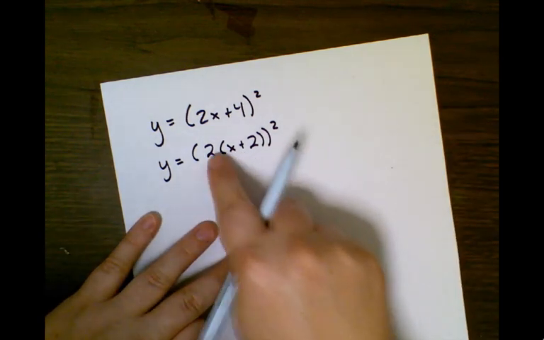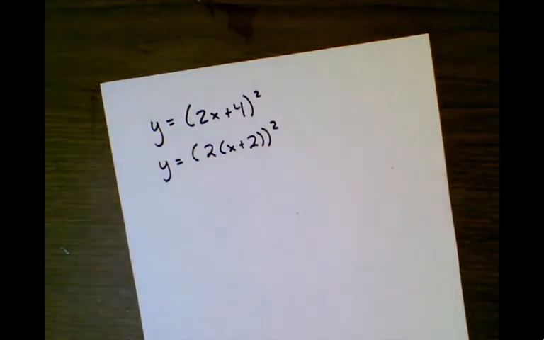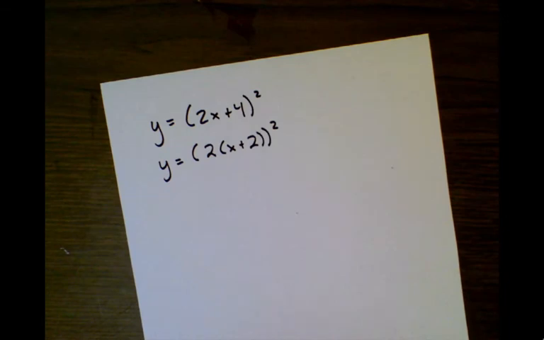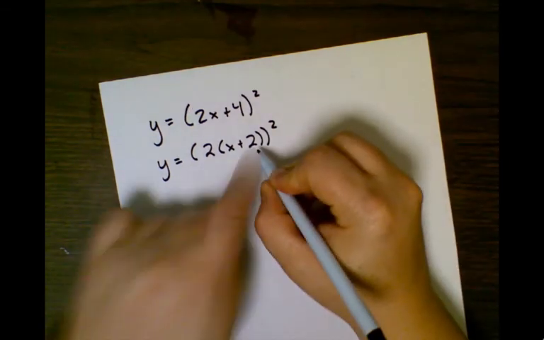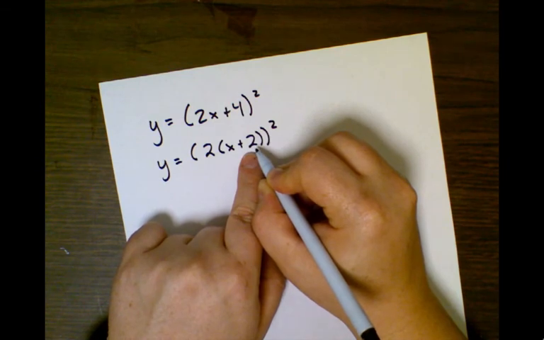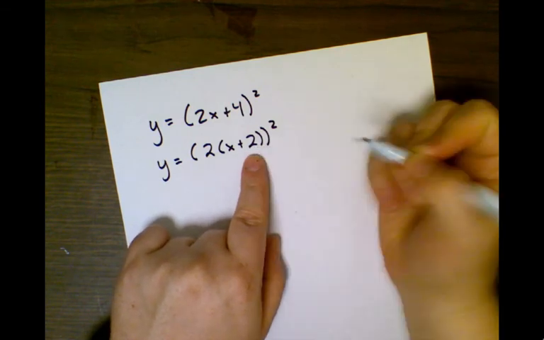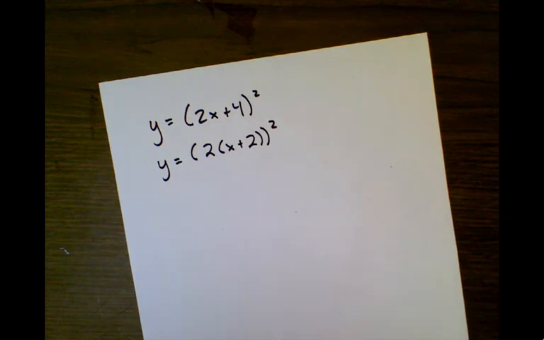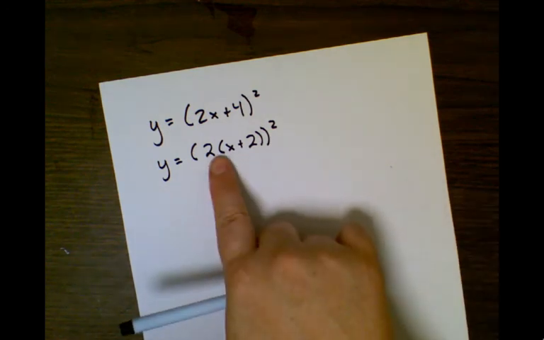Okay, 2x plus 4. Cool. Now, this 2 is the amount that our function is shifted to the left. The advice in the book works as long as you factor out the coefficient of x.